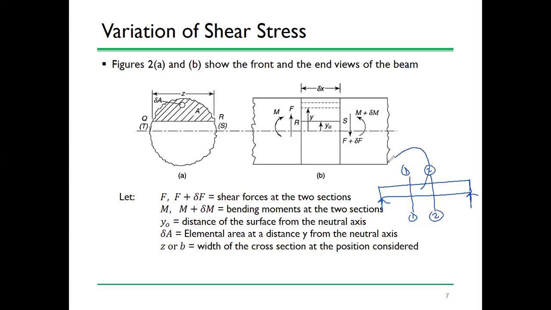So we have the beam and we have just cut a section. Call this one section 1 and call this section 2. And we are saying the length we are considering is dx, a small length. And that's what we have done in the past.